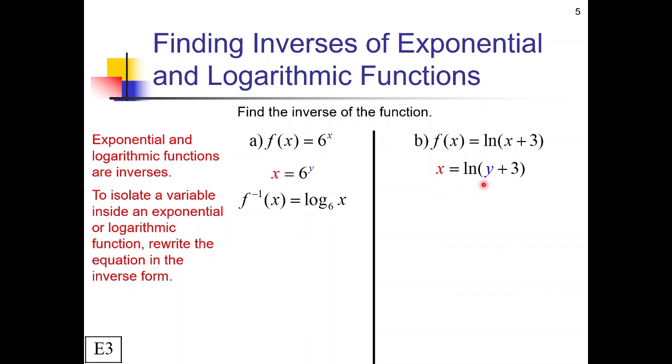So I'm going to keep my base, which is base e. I'm going to say e to the, and then swap the exponent and swap the input and the output here. So e to the x equals y plus 3, just changing this into exponential form. And then just one more step, subtracting this 3, we have f inverse equals e to the x minus 3.